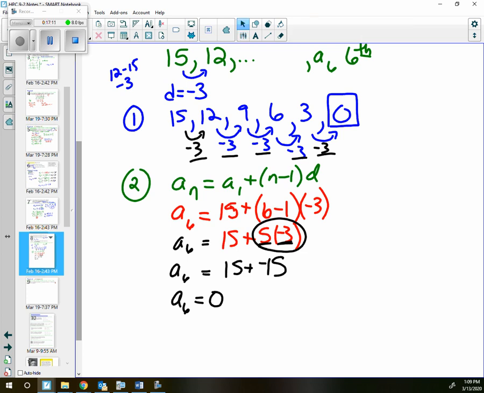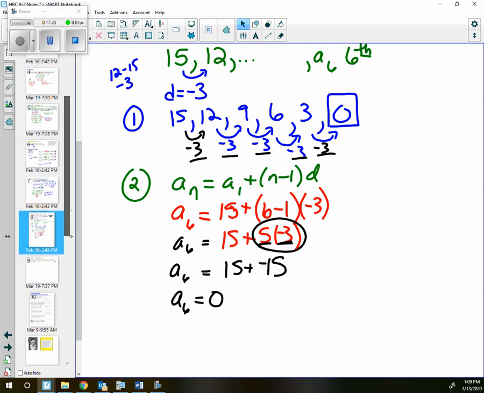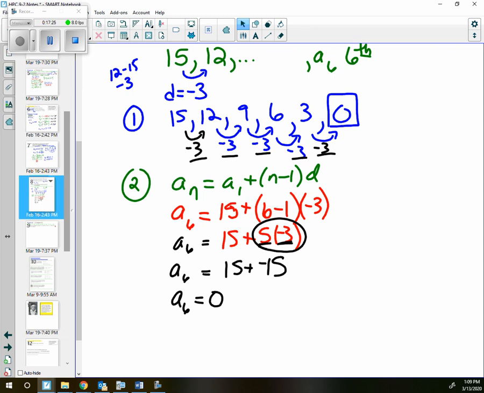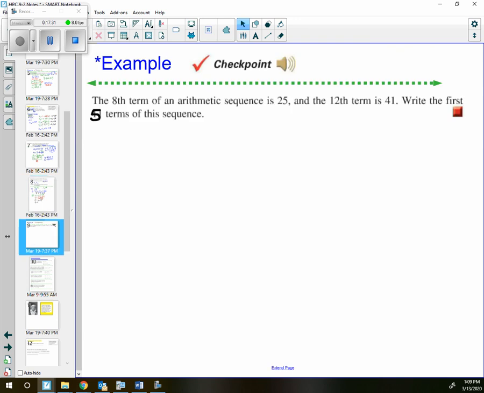We can get right to that value. It's that repeated addition there. We just did it all at once instead of in separate pieces. So you always have that option or that choice to be able to solve. So we just need to think about what's easiest. Now, term 6 wasn't so bad to do recursively, our method number 1. But gosh, if it was term 120, I might want to think about using the formula. It's a lot faster.